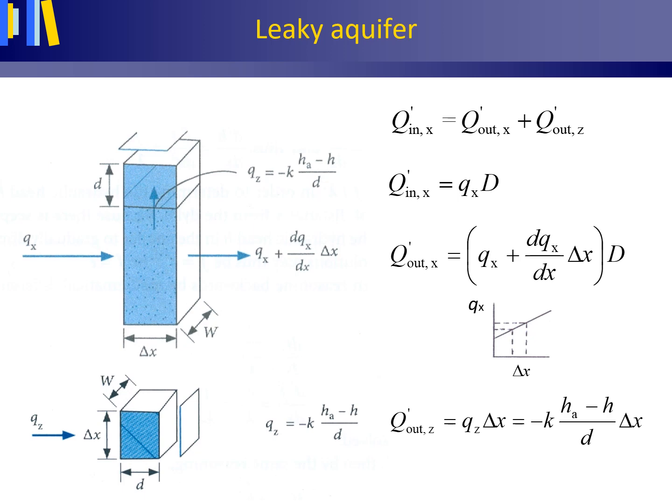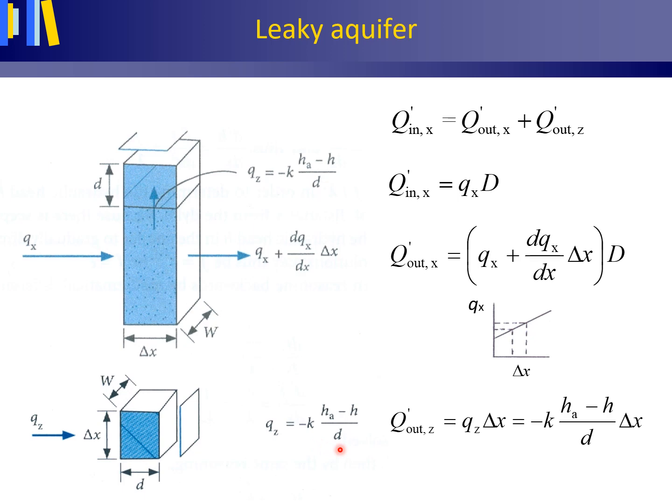For the vertical volume flux density in the confining layer, we can write Qz in meter per day equals minus K, the vertical hydraulic conductivity, times the hydraulic gradient.